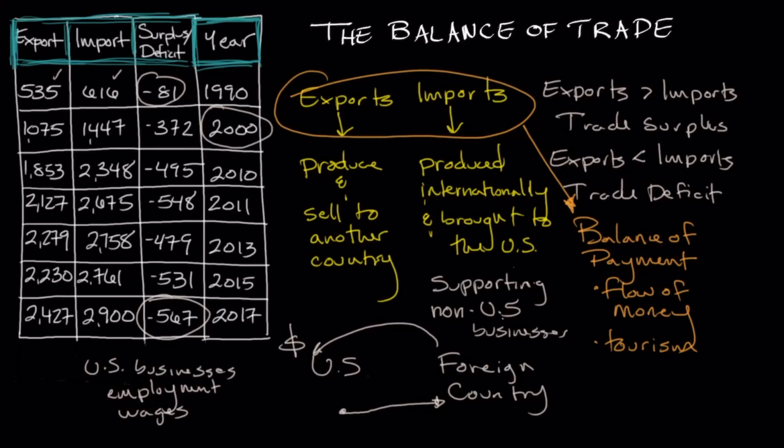And we start looking at even the decline of U.S. manufacturing. By and large, that's a big part of that balance of trade and the shifting over to imports. And then obviously the flow of money goes that way, which in turn means we can't support those industries the same way.